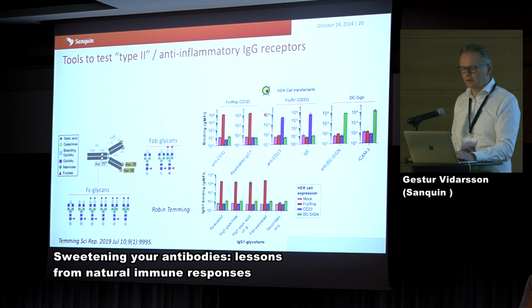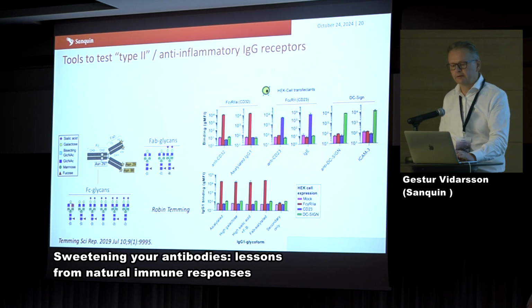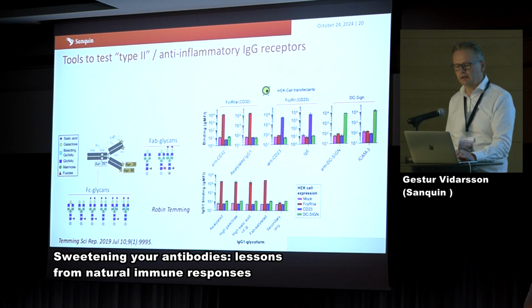Sialylated antibodies would be recognized by these receptors, DC-SIGN and CD23, and the question is, is this really true? A lot of studies have looked at this, and we did this as well, though I never really discussed it, we only published it. We made antibodies that we glycoengineered both in the Fc and in the Fab, with either afucosylation or high galactosylation and sialylation, but also without sialic acid, in both the Fc and Fab region. We made HEK cells expressing either classical Fc receptors, CD23 or DC-SIGN, and looked at their expression by antibodies.